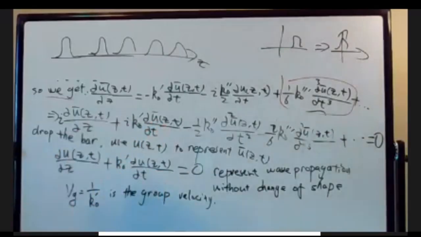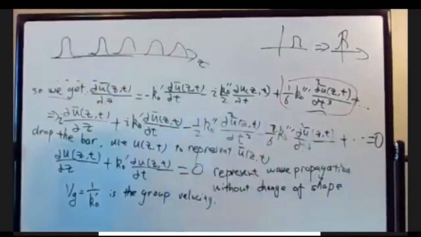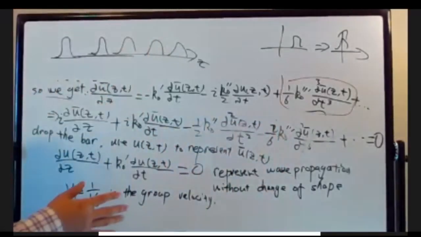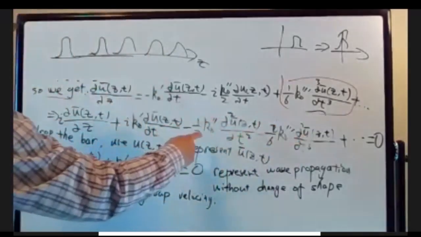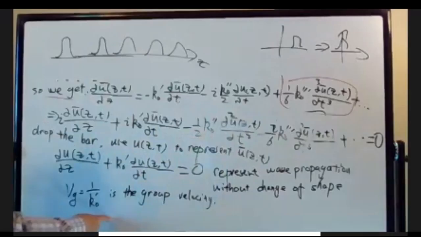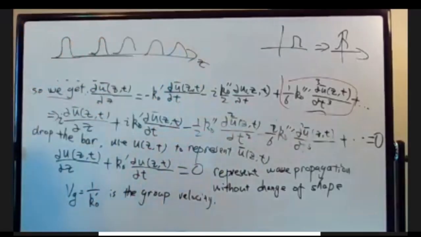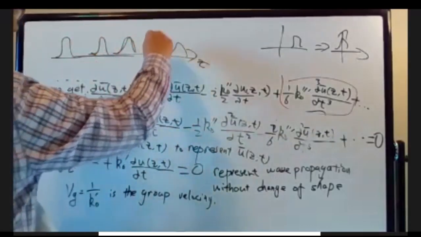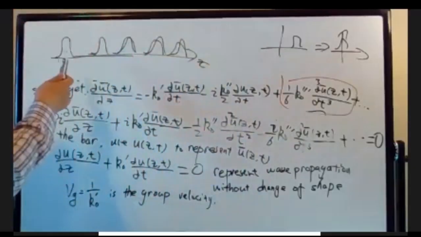So assuming that k naught double prime and the higher order terms are 0, negligible, that piece will have no contribution. Then this is the pulse propagation without change of the shape. I wrote it in a bad way, but it shouldn't change the shape.